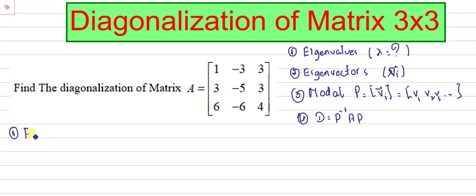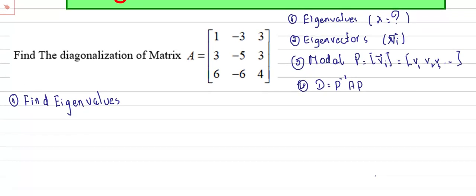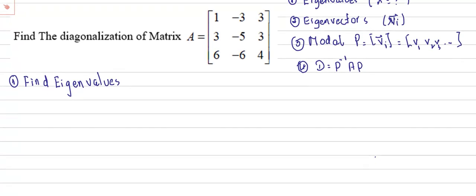So now I find the first one, the eigenvalue. Depending on this matrix, which is 3 by 3, we find the characteristic equation.